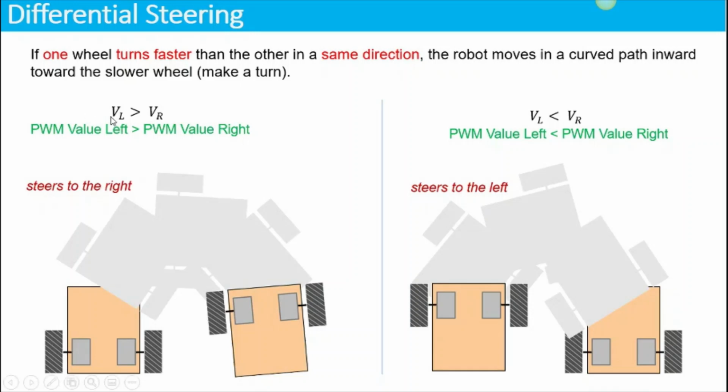For example, if the speed on the left is greater than the right, the mobile robot has the intention to steer to the right. Okay, if the speed on the right is greater than the speed on the left, the mobile robot has the ability to steer to the left.